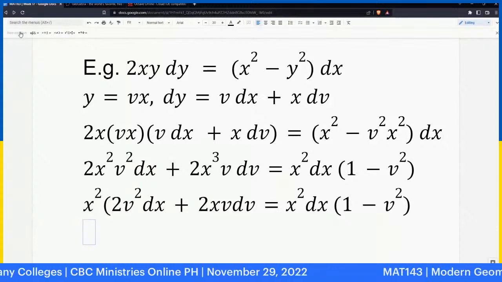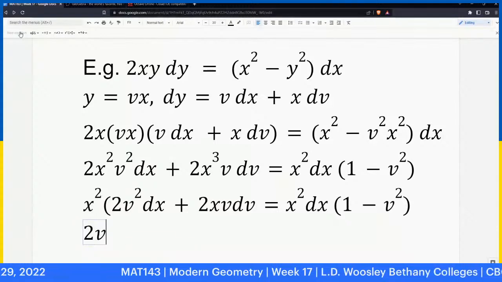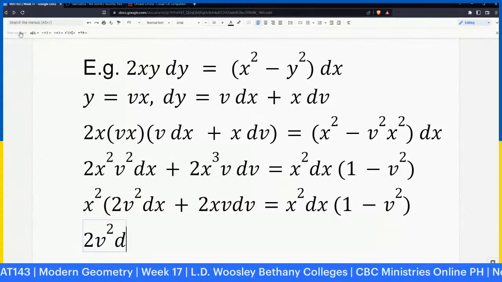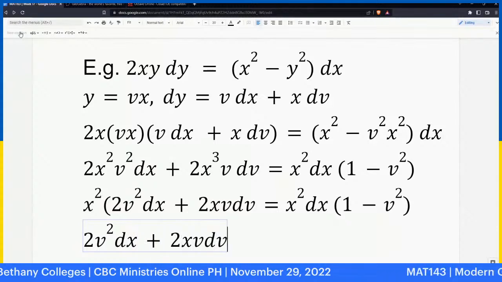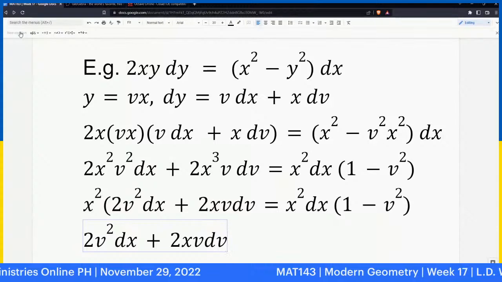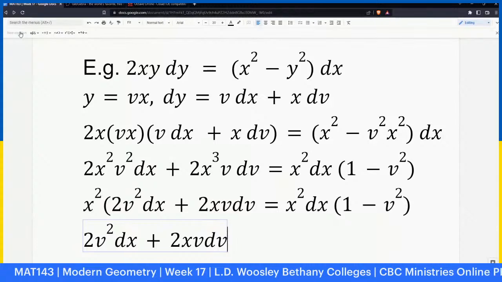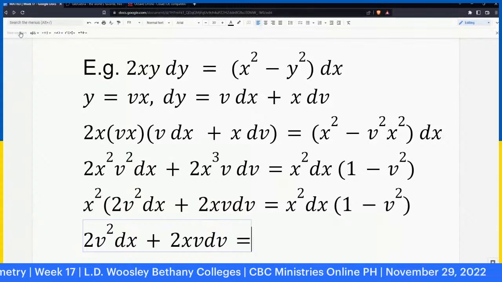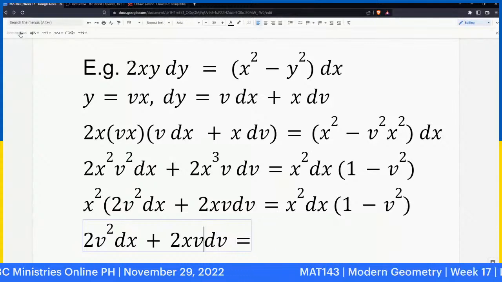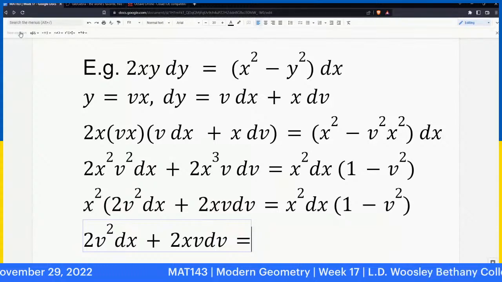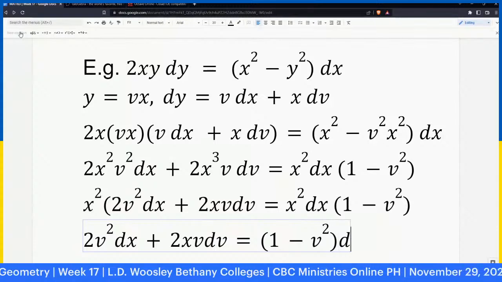So nung natanggal yung x squared, cancel na yan. So bubukas to. 2b squared dx plus 2xb bb. So matitira na lang dx na lang, no? So ang mangyayari niyan, pagsasamahin ko. Tama. dx, yan.